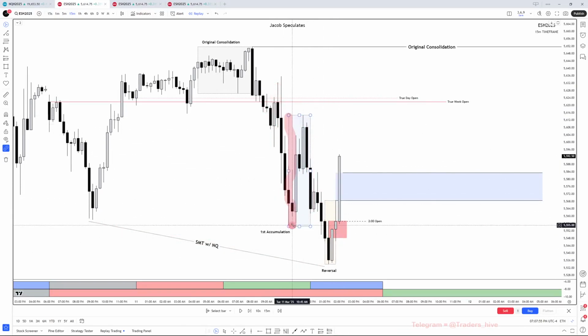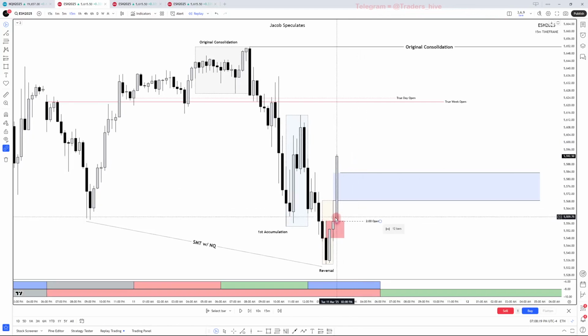So in this example would be this. So we have the original consolidation, first phase accumulation, and where's it at? Under the true day and the true week open. And then price forms that TPD, forms the reversion level, tags into that, and then runs.